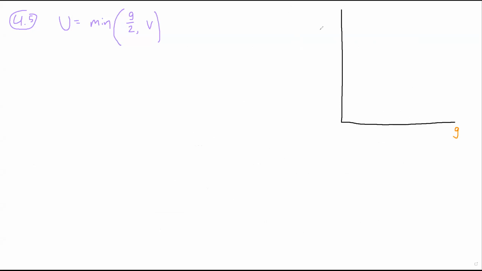We'll put G on this axis and we'll put V on this axis. And pick a level of utility that's really simple to work with, like say U equals 1. So what values of G and V would cause both of these to equal 1? If I wanted G over 2 to equal 1, G would be 2. Similarly, if I wanted this to be 1, V would be 1. It's pretty simple. So let's go find that coordinate.